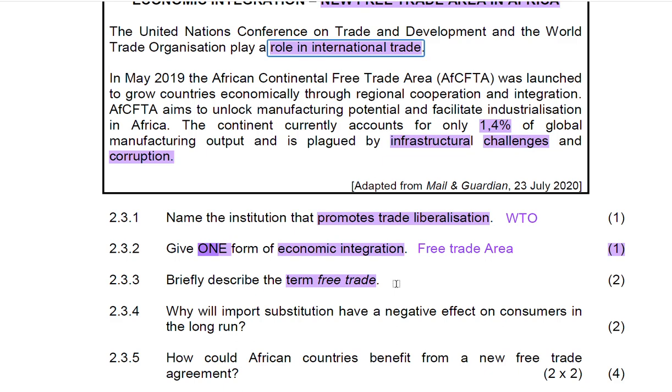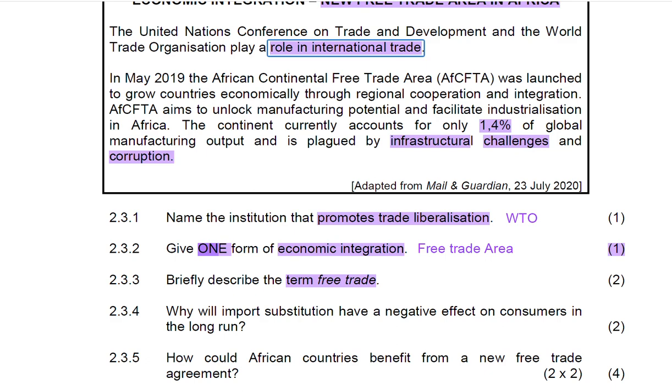It means that you can decide that you want to buy all your clothes in the USA and there will be no restriction in terms of you buying the clothes in the United States of America or in Europe. So that's what we call free trade, because consumers and producers are free to buy goods and services anywhere in the world without restriction.